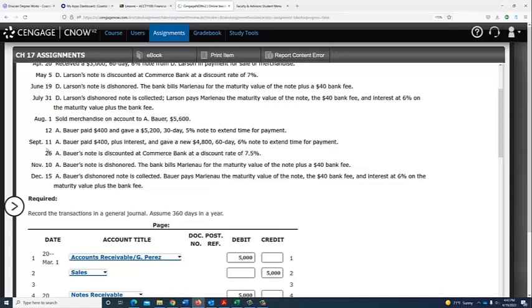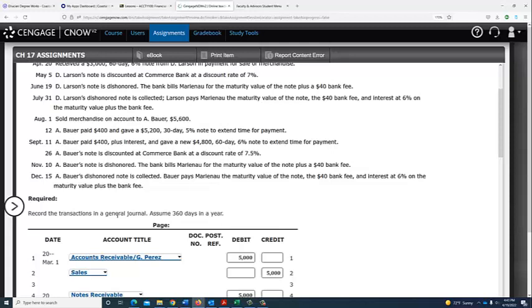So that's the number of days from September 11th to September 26th. So if we subtract out 11 from 26, that is 15 days. So if 15 days have passed on a 60-day term note, that means we've got 45 days remaining on that note.